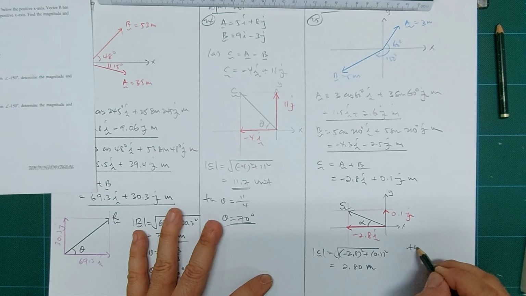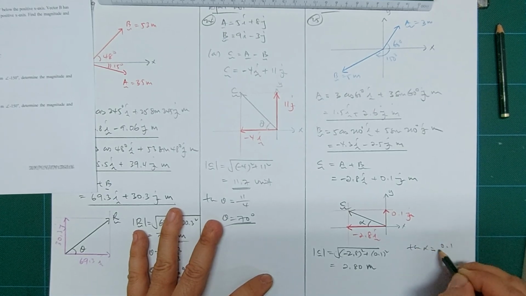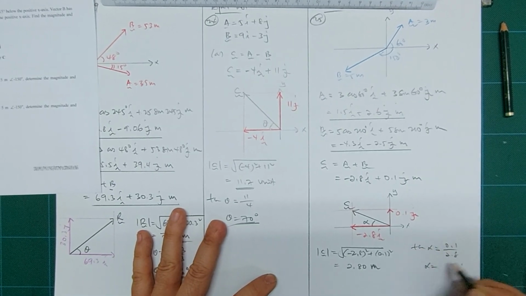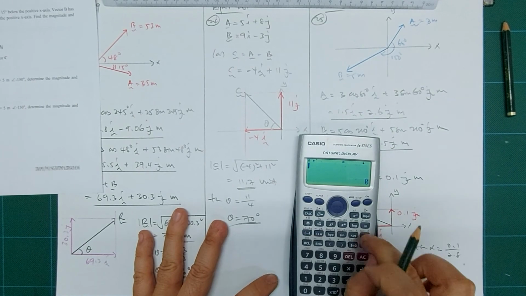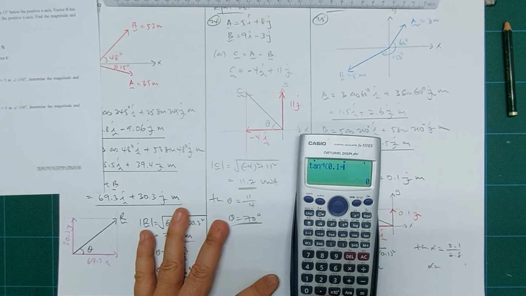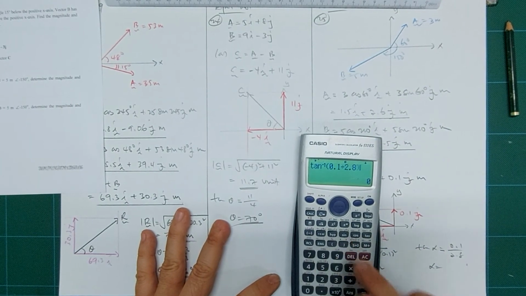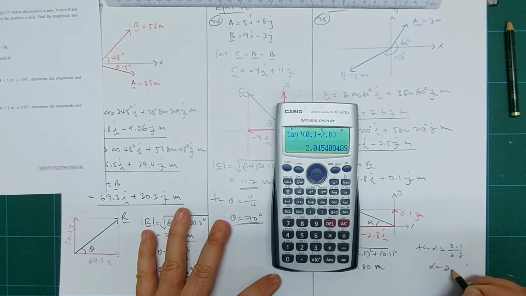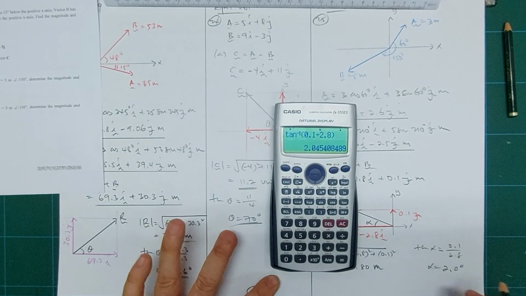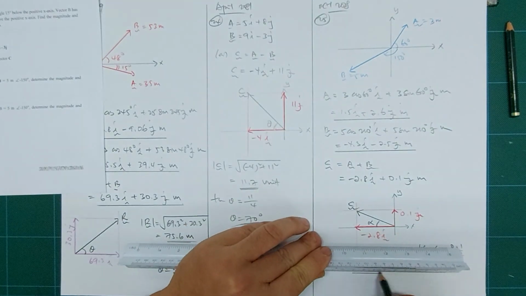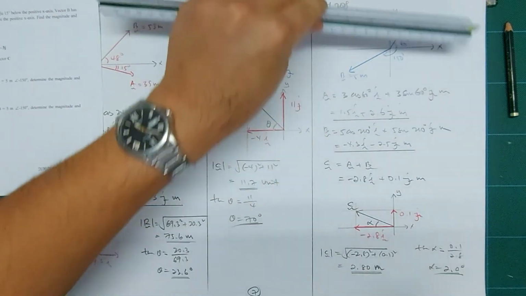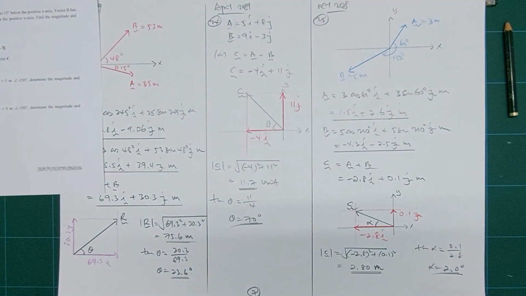And then tangent alpha is 0.1 over 2.8, so alpha will be arctangent of 0.1 divided by 2.8. The answer is 2.0 degrees. Okay, magnitude and direction.